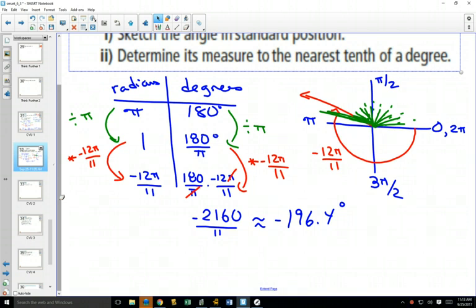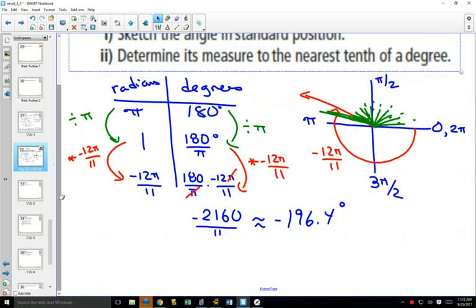So that's one way if you're having trouble remembering that 1 degree is pi over 180 and 1 radian is 180 over pi. Since they're so similar, I use the idea that if I do 180 divided by pi, it's like 180 divided by 3 and a bit. I'm going to get something close to 60, and I know that 1 radian is close to 60 degrees.